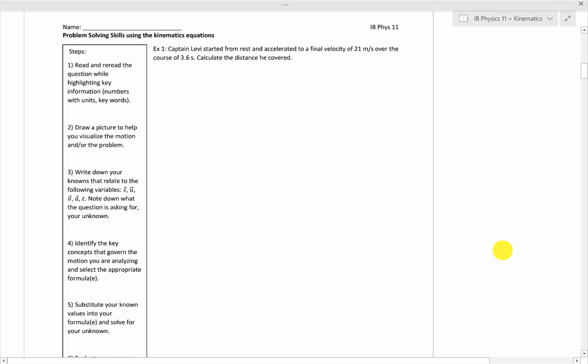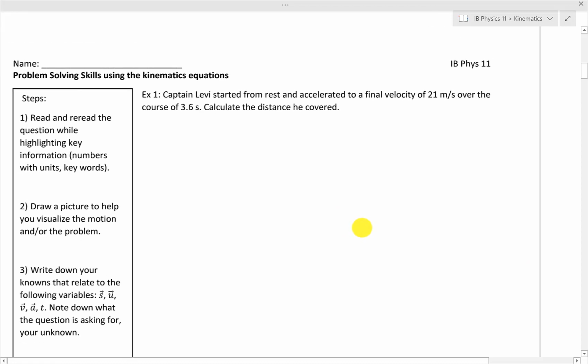So I'm going to start with step 1 with this problem over here, Captain Levi, if you know the reference from Attack on Titan. Captain Levi started from rest, and we talked about this in one of the previous videos about wording. If something starts from rest, we know that the velocity being talked about is 0, and since we are talking about starting, the initial velocity is 0.